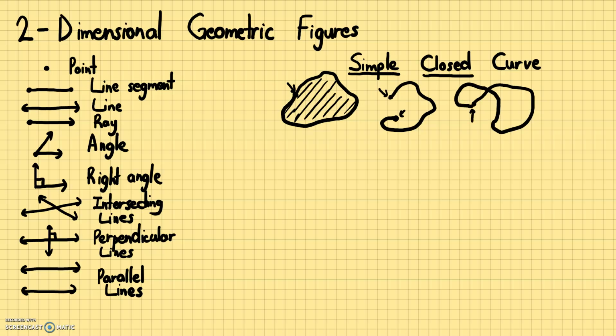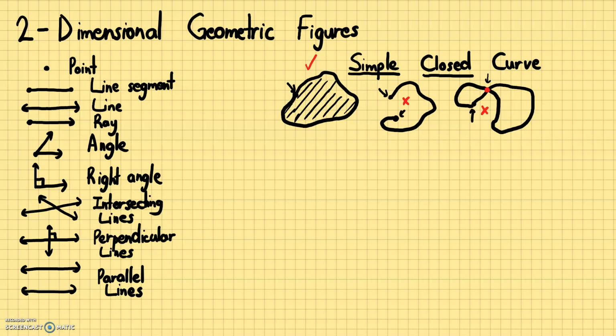So I've started here and I'm ending here, but I've crossed the sides of the curve right there. Right? So this is not a simple closed curve. This is also not a simple closed curve. Okay, but this is a simple closed curve. So to be a simple closed curve, it has to start and end at the same place, and it can't intersect like this.